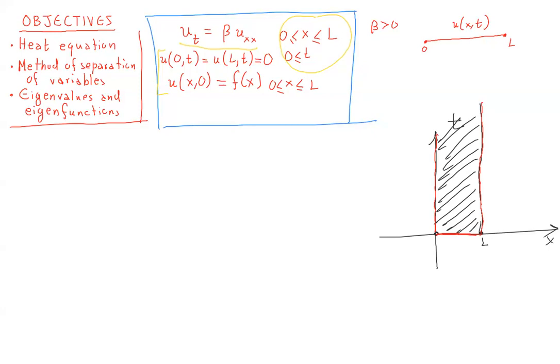So we're going to first start wondering what kind of functions could possibly be solutions of this problem that have a very, very special form. So we will want those functions to be functions that can be written as products of quantities in the two variables, x and t. That is by no means a general description that such functions should have. But this is what we're going to require.